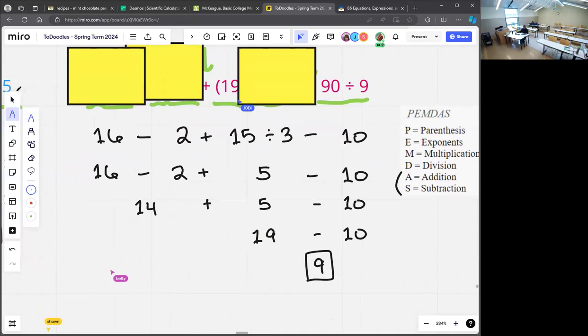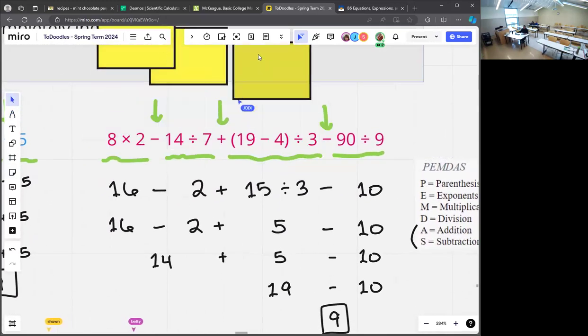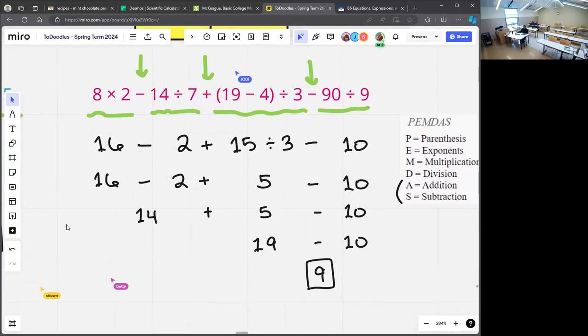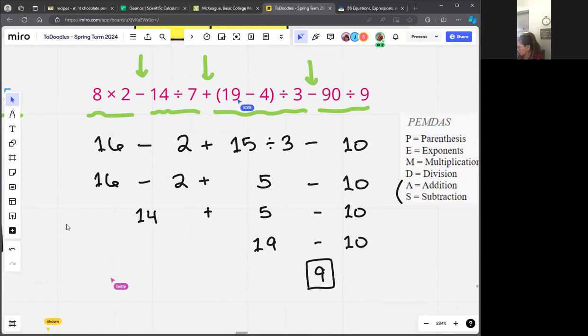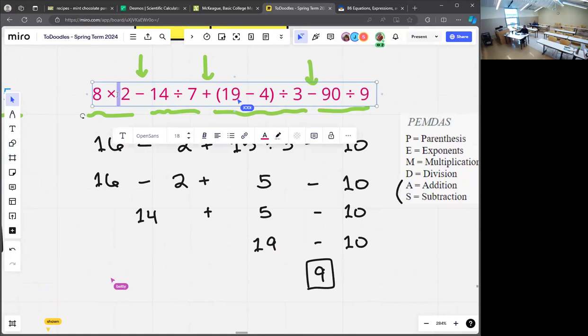Questions about that one? Let me move things away so you can see the whole thing at once. Okay, I have more good news, except for the GED. You're not really having to do this by hand ever.